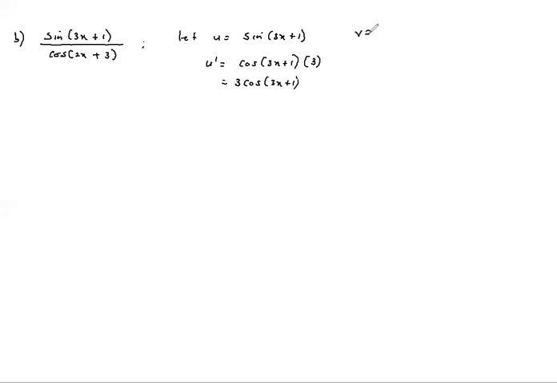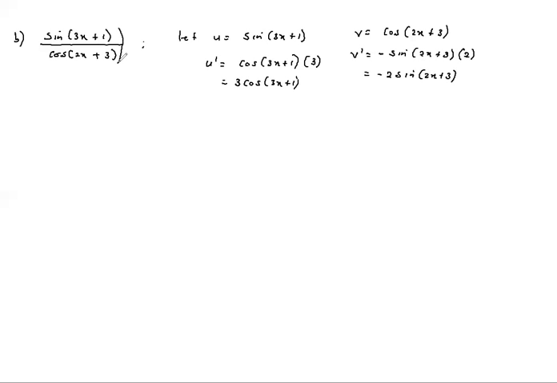Then you get v, it will be cos 2x plus 3. Then you differentiate v. Derivative of cos is negative sine 2x plus 3. Then you go inside and differentiate 2x plus 3. It gives 2. So that you have negative 2 sine 2x plus 3. Then you put them together now.